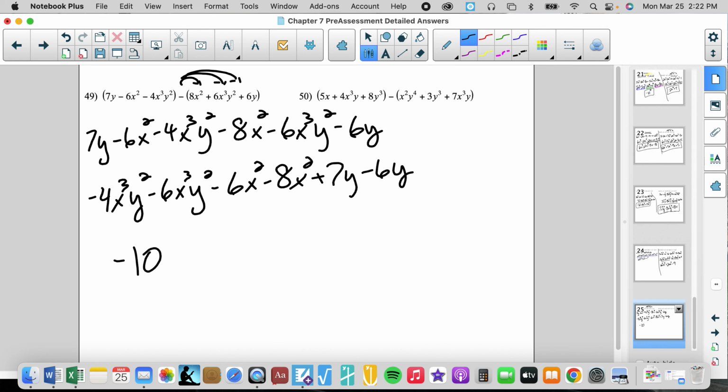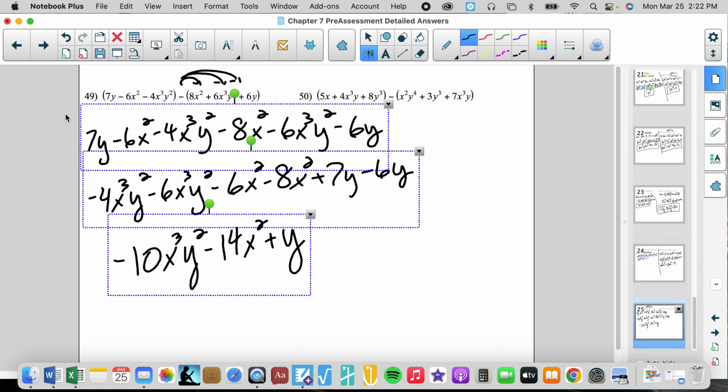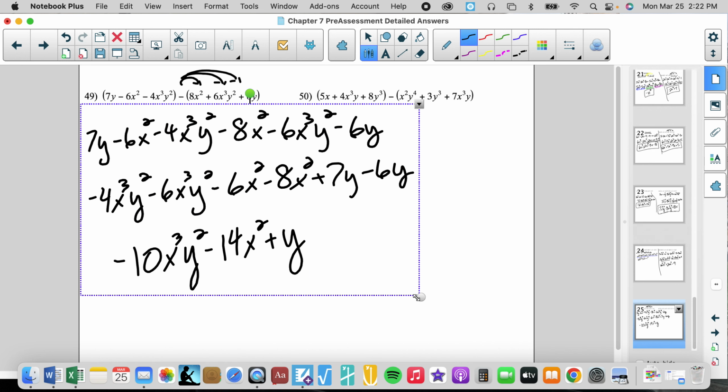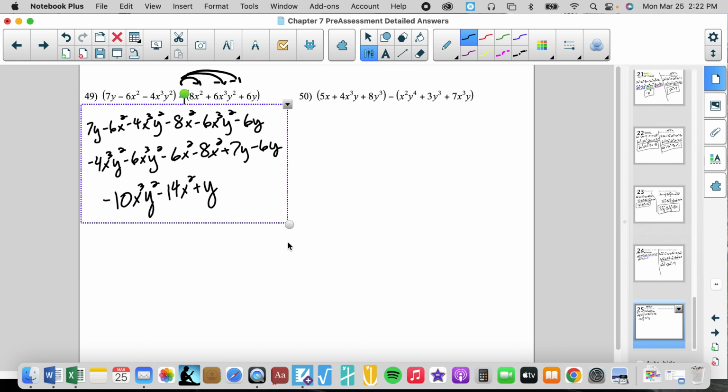That's negative 10x to the third y squared. The variables stay. It's just the coefficient that gets changed. And that is in standard form. If I take the time to put them in standard form right now, it assures that my answer is in standard form at the end.